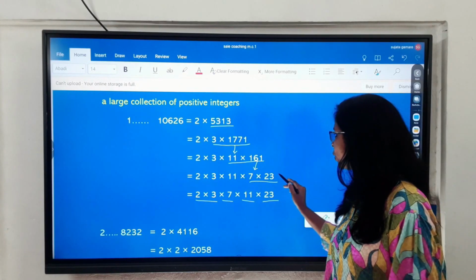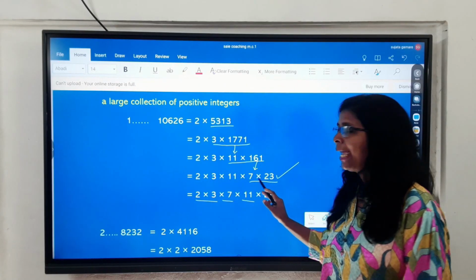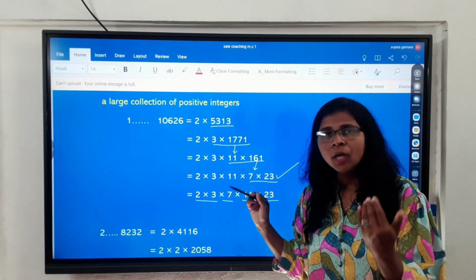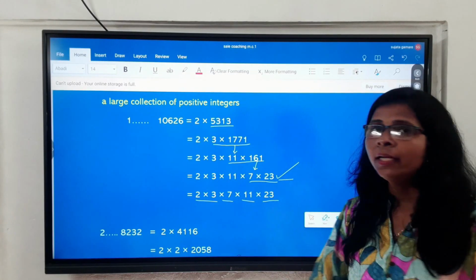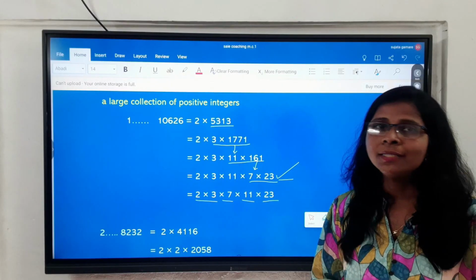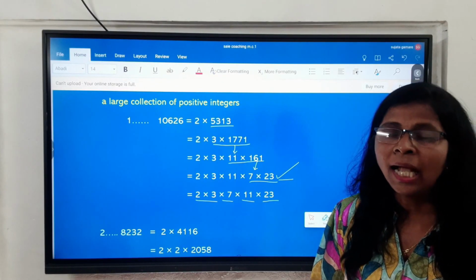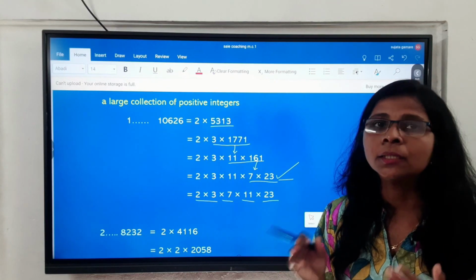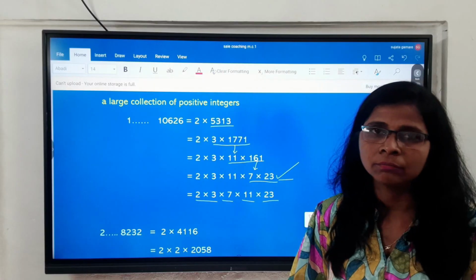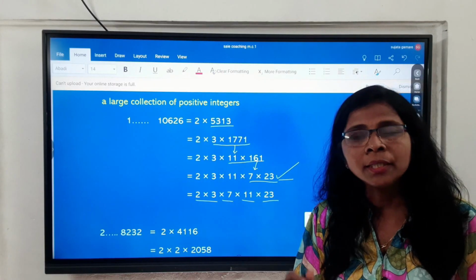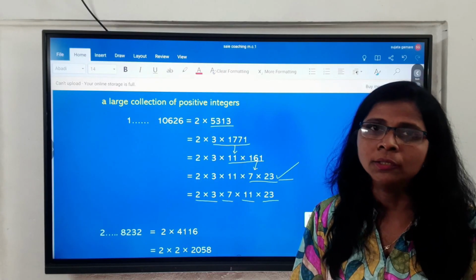This is not in ascending order yet. I write the primes as they come, as the number is divisible by each one. But in the last step, I arrange them in ascending order.